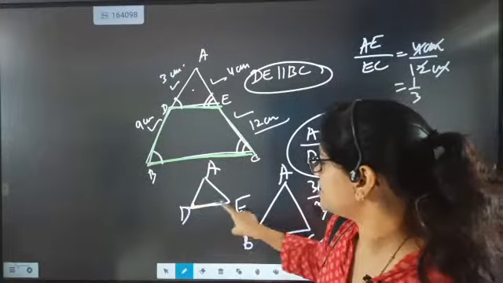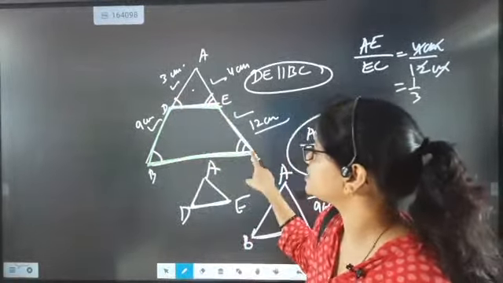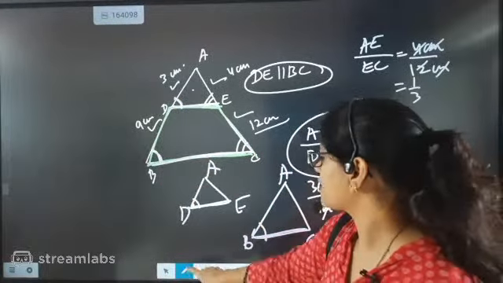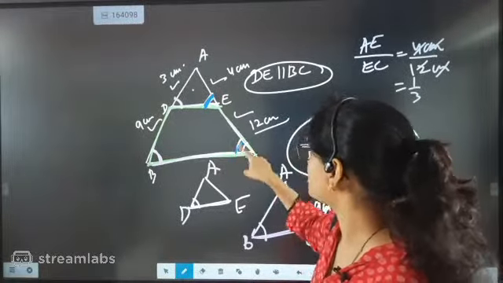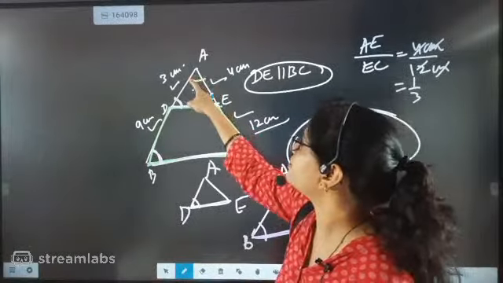Now, since DE is parallel to BC, by corresponding angles, this angle will be equal to this angle, and this angle will be equal to this angle. And now, beta, this angle A is common in both the triangles.